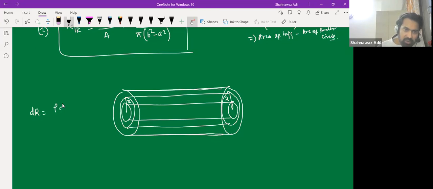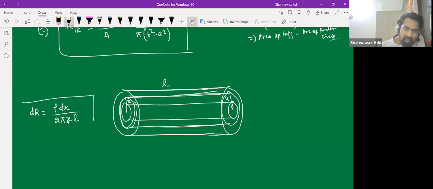This would be rho dx, and then area would be, what is the area of this cylinder? Curved surface area. So that would be 2 pi x L.